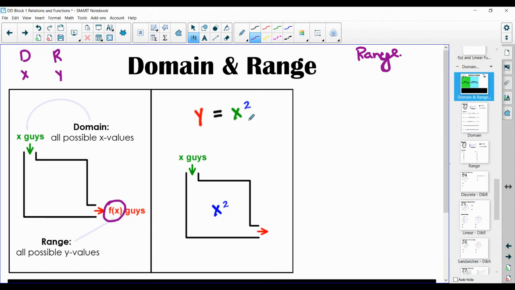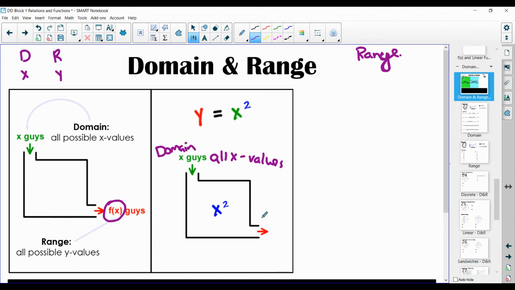A better question sometimes is to ask myself, are there any numbers I can't put in there? In this case, there are no numbers that I can plug in to y equals x squared that won't give me an answer. In other words, I can plug any number into that equation and get an answer. So all x values are possible, and my domain would be all x values.